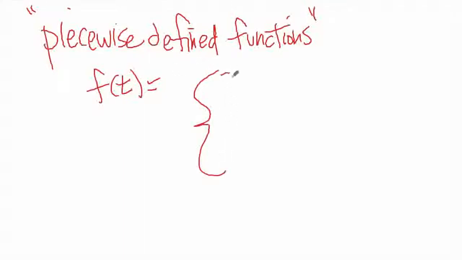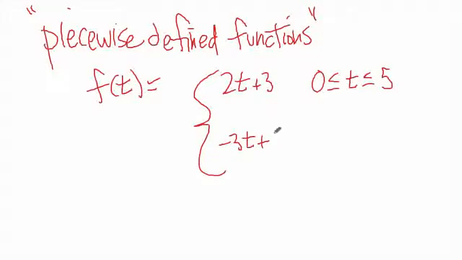Like maybe 2t plus 3 for t between 0 and 5, and then minus 3t plus 28 for t greater than 5.